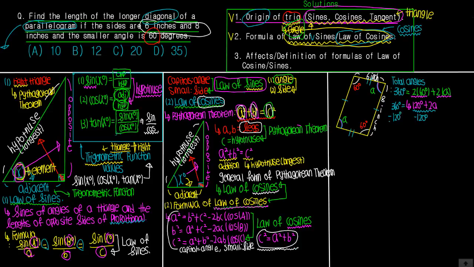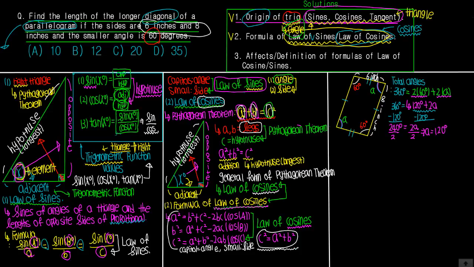All we have to do in order to isolate our A value is subtract 120 from both sides. So if we subtract from both sides, we're going to get 360 degrees minus 120 degrees, which is 240 degrees, and that should be equal to 2A. In order to solve for A, all you have to do is divide both sides by 2, and we will simply get that the A value is equal to 120 degrees.